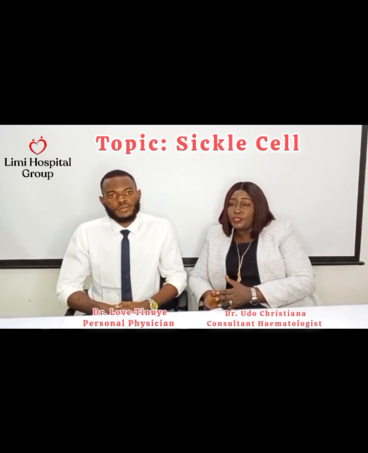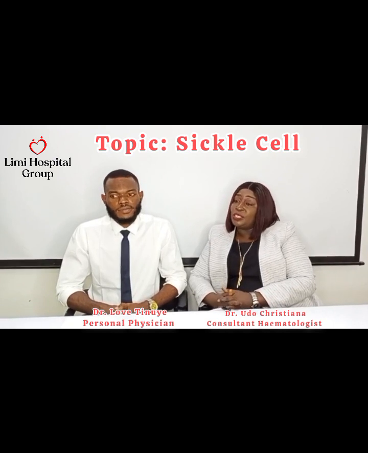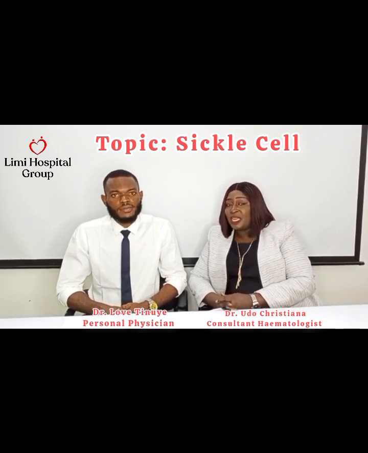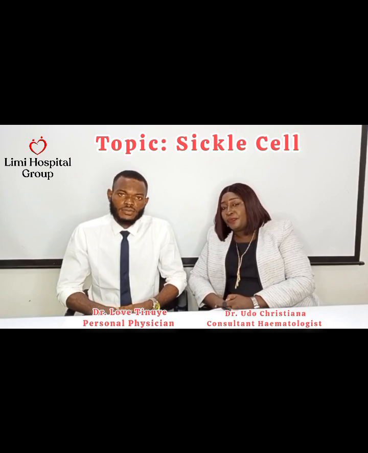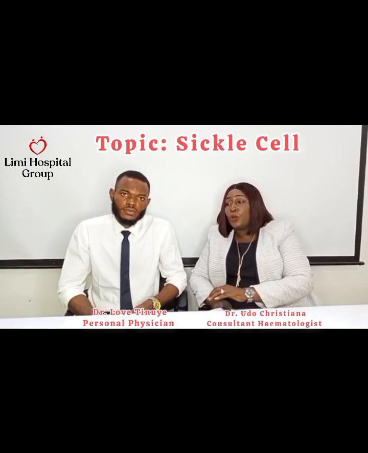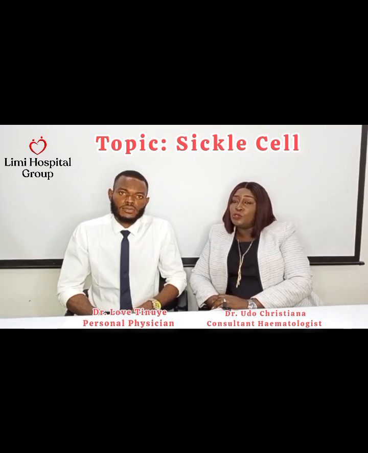With this common presentation, most likely the patient has a gallstone. When you do an ultrasound scan, you find out that the patient has gallstone. That's one of the common complications they can present with. They can also present with leg ulcers. These leg ulcers can even affect the bone and lead to what is called osteomyelitis. That's also one of the common complications they can present with.